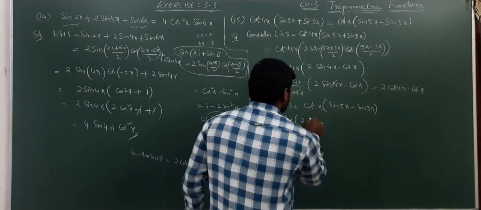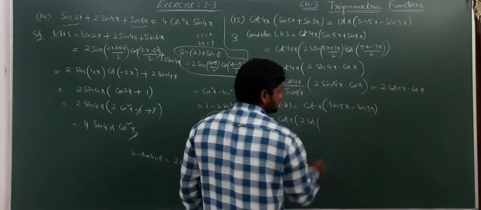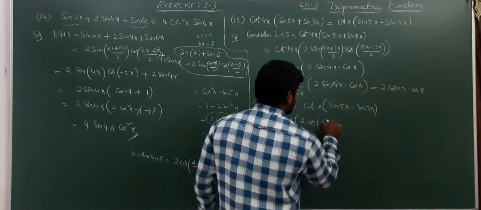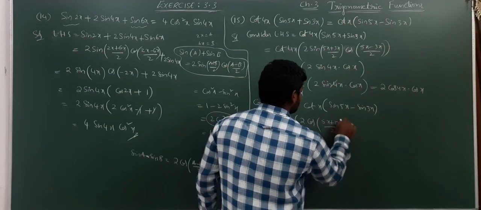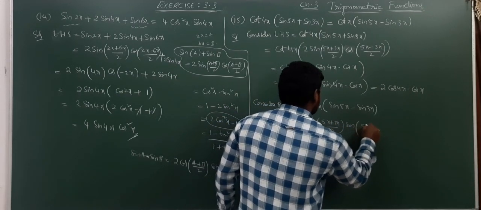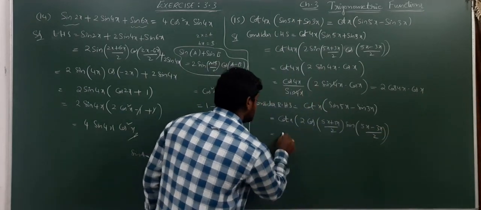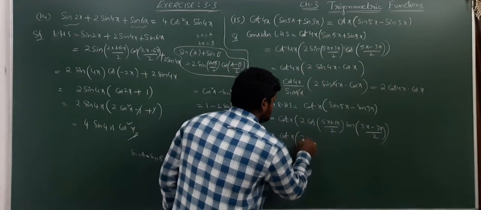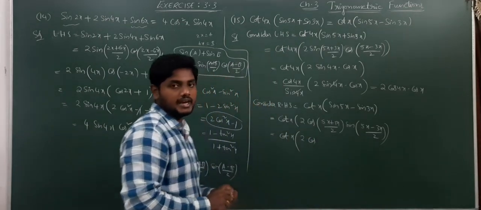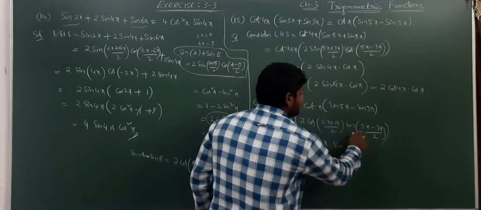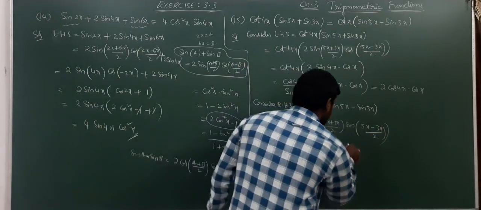So it will be 2 cos (5x plus 3x) by 2 into sin (5x minus 3x) by 2. So we write it as cot x into 2 cos, 5x plus 3x is 8x, 8x by 2 will become 4x, into sin, 5 minus 3 is 2, 2 by 2 is sin x.